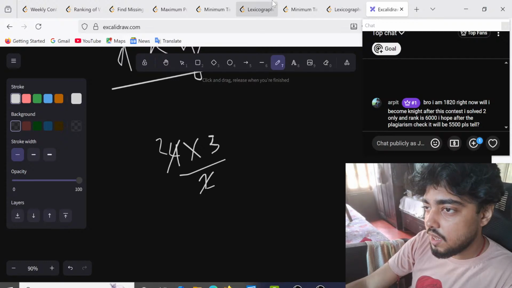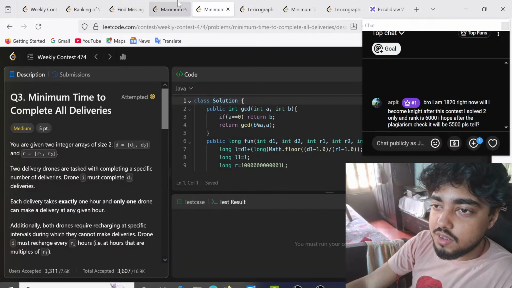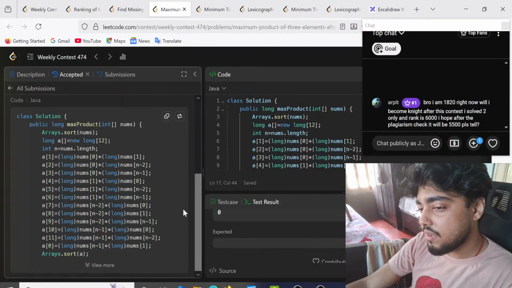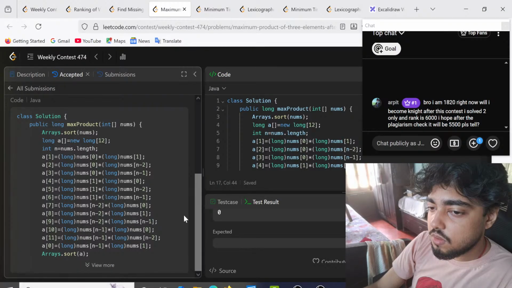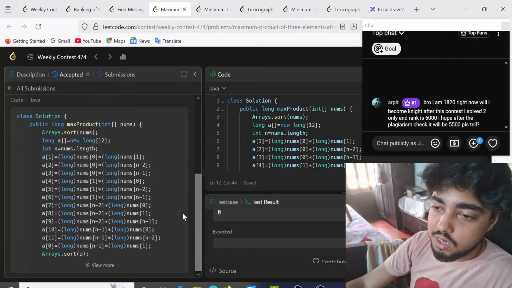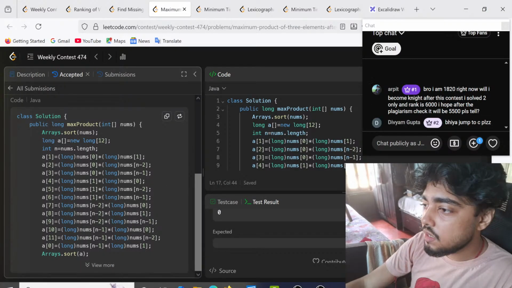I don't know why I have done so much. Actually, this was not needed, I think. My mistake. Oh no, this was needed. Yeah, this was not needed because I am taking, jump to C please.